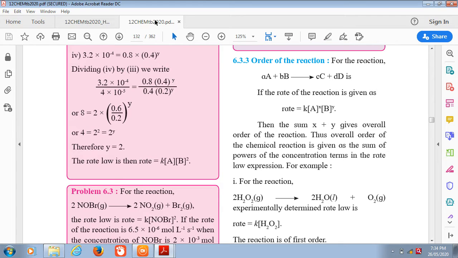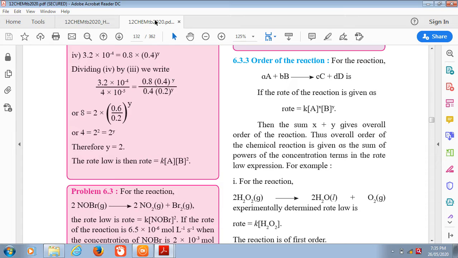Let us suppose that out of the a moles, x moles of A react, and out of the b moles, y moles of B react. Then the sum x + y gives the overall order.